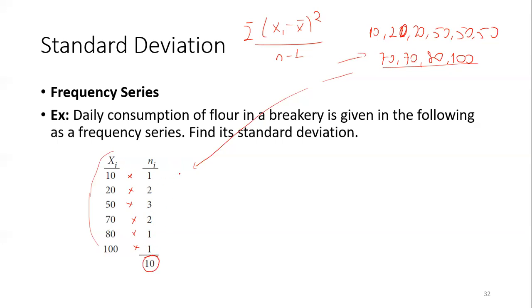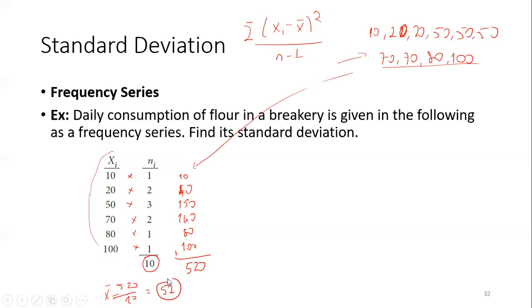So it will be 10, 40, 150, 140, 80, and 100. You just sum them up, that's equal to 520, and divide it by 10. So x bar is equal to 52.